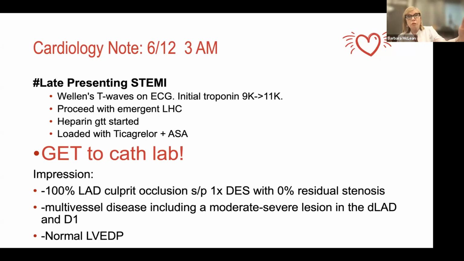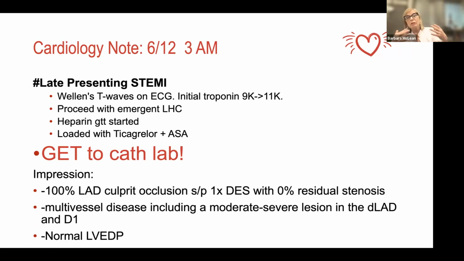He was discharged home the next evening on the 13th. He did not actually lose significant myocardium. He did not present with heart failure, so fantastic. But it would have been nice to have identified him a little bit earlier, and mostly, I think it would be related to that troponin bump, because not everybody is going to understand these Wellens T-wave changes on EKG.